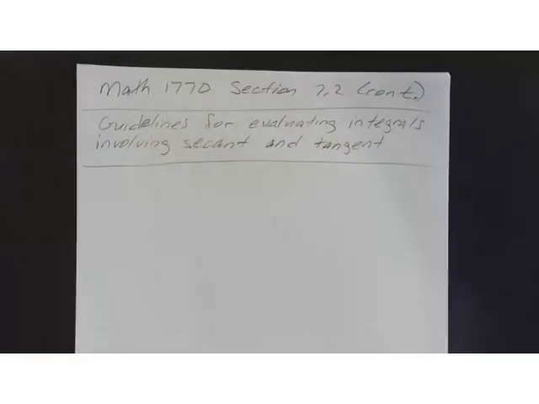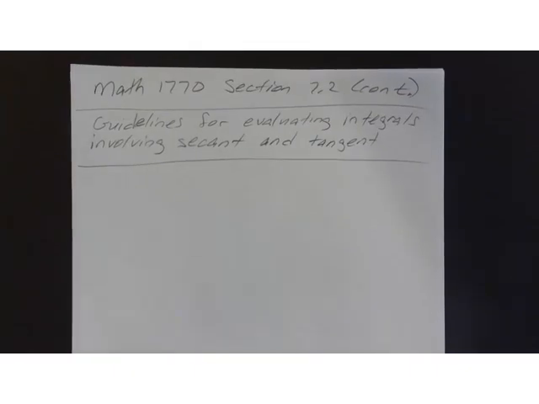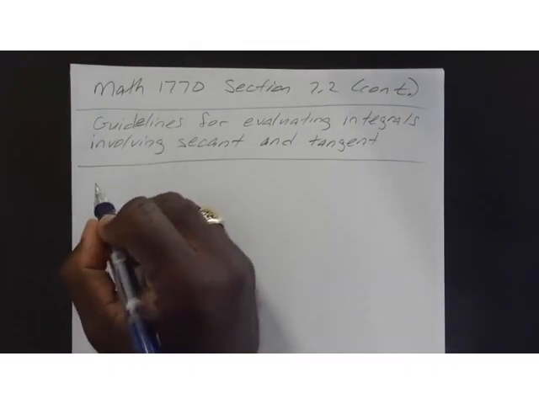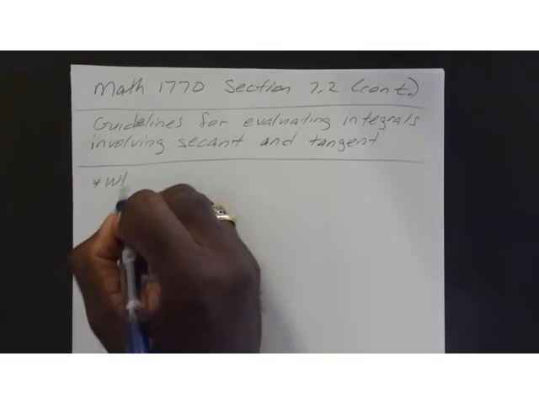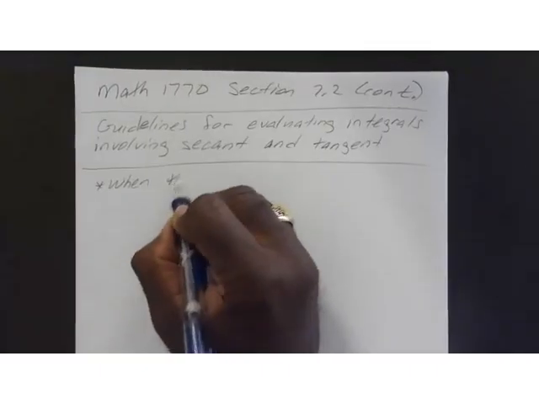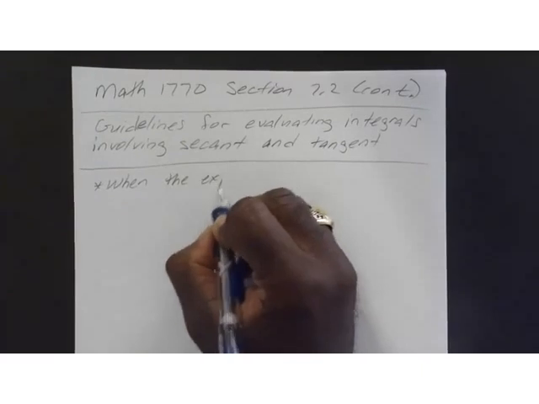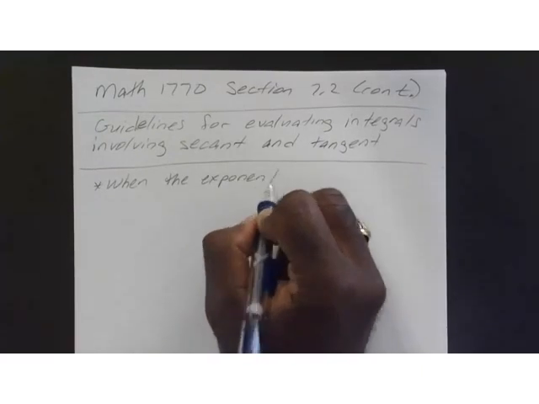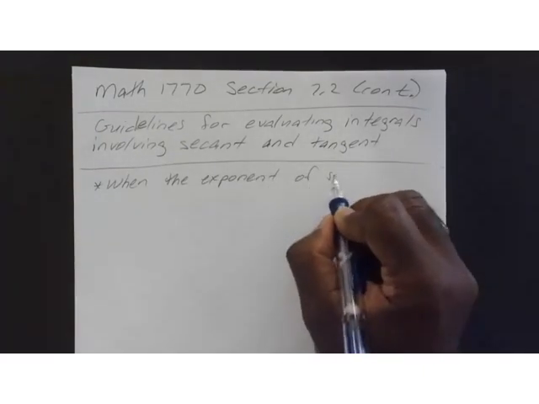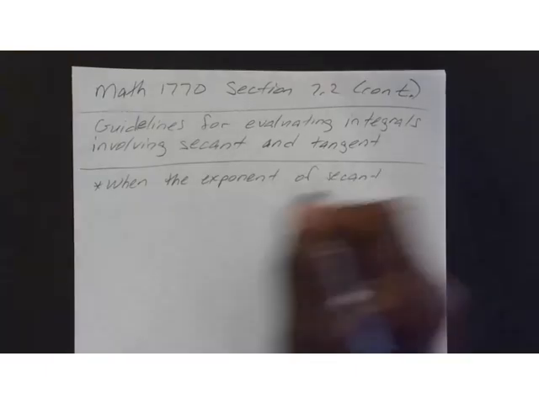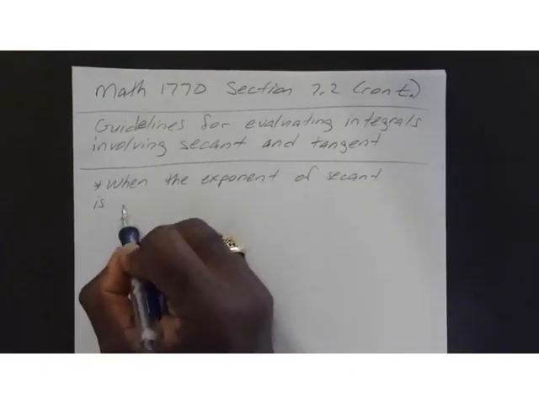Last time we looked at different exponents of sine and cosine and different combinations and how to approach those. With secant and tangent, let's say we know that when the exponent of secant is even and positive.